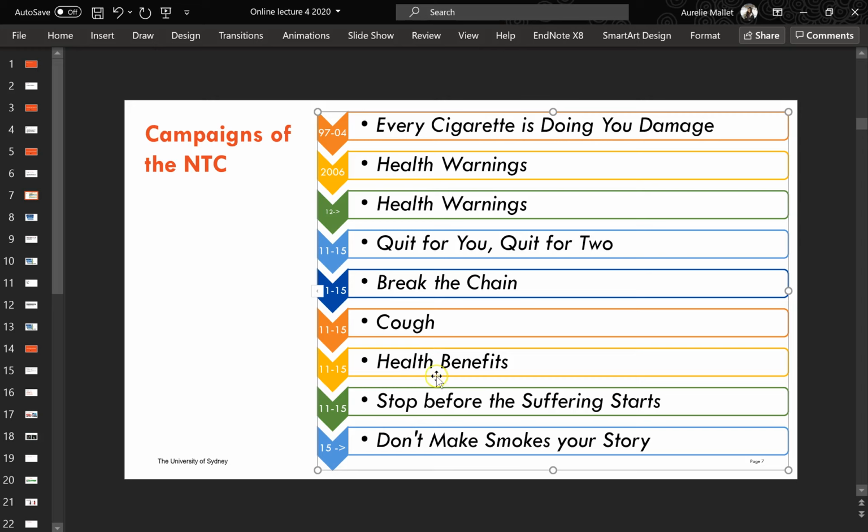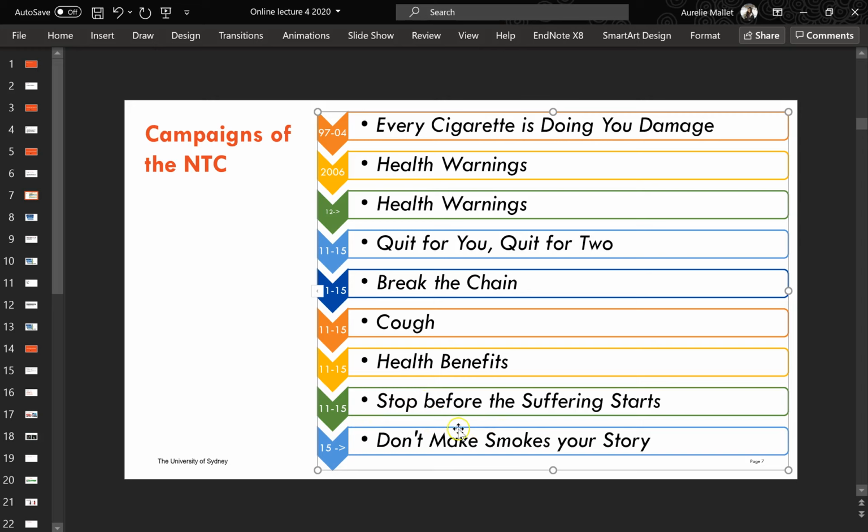The Health Benefits campaign was about telling people how if you quit smoking, all these things start to repair around your body. So your sense of smell starts to return, you're decreasing the risk of heart disease, etc. Stop Before the Suffering Starts was a campaign essentially telling smokers that if they continue to smoke, they will get emphysema and suffer and struggle to breathe and potentially die.